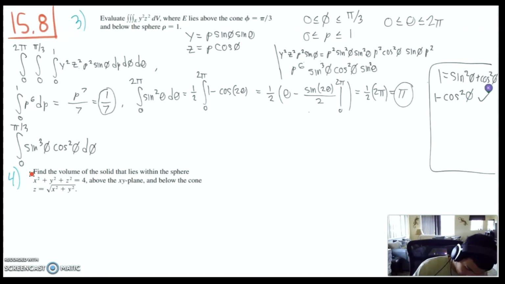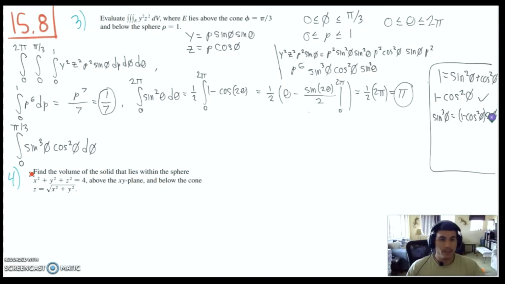And that checks out, right? So then what does sine cubed equal? Well, sine cubed is equal to 1 minus cosine phi squared times sine phi.